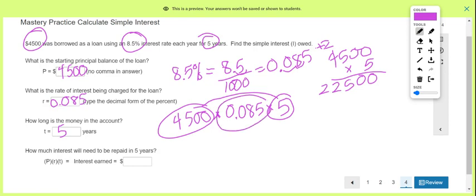And then we're going to multiply that times 0.085. 5 times 0, 5 times 0, 5 times 5, 25. 5 times 2 is 10, plus 2 is 12. And then 5 times 2 is 10 plus 1, we have 11.